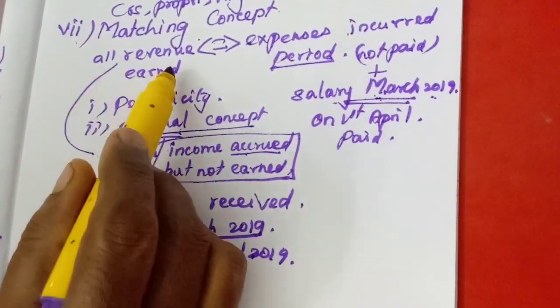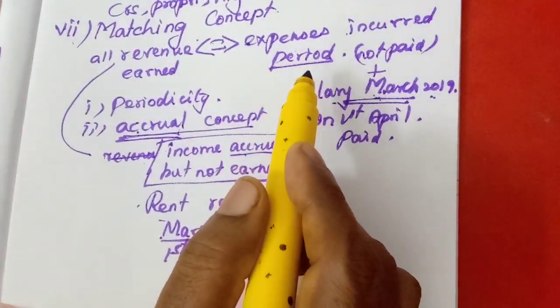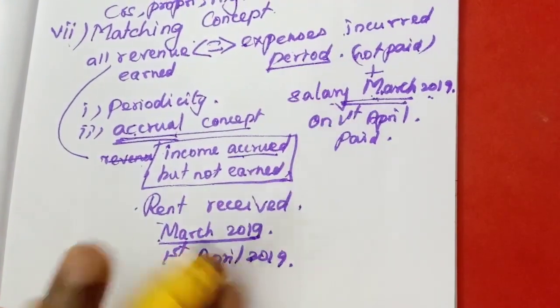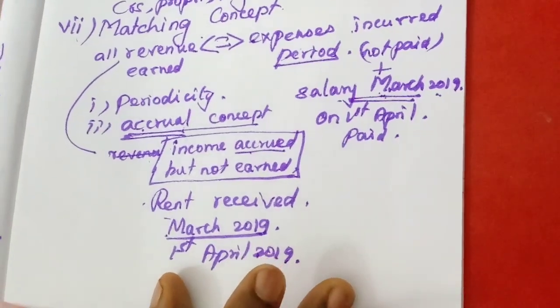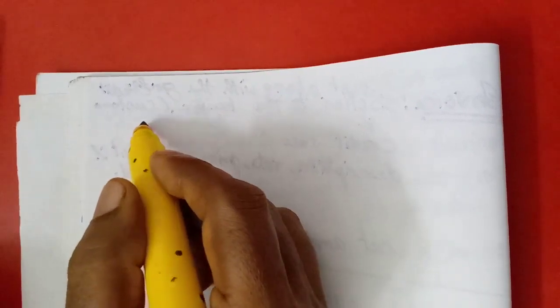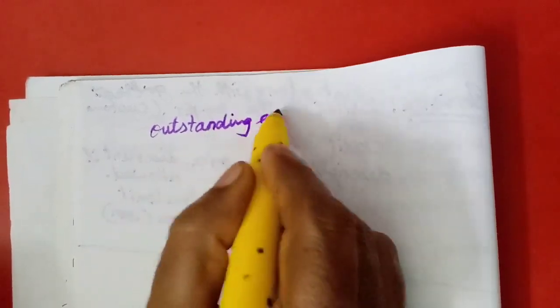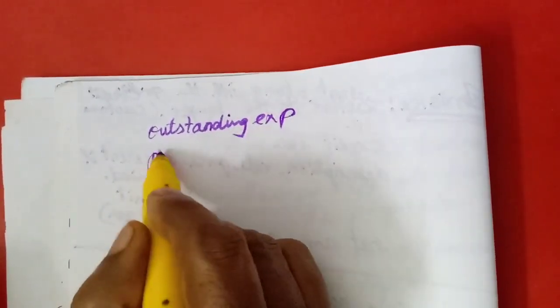So all revenue earned will be matched with the expenses incurred during that particular year, and all adjustments are made for outstanding expenses. Now I explained outstanding expenses, then prepaid expenses.